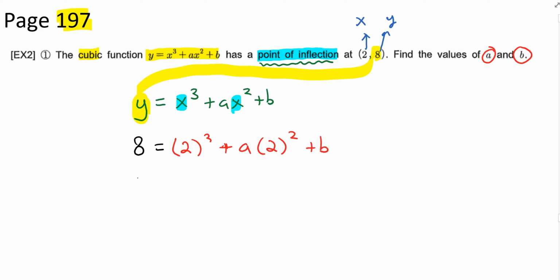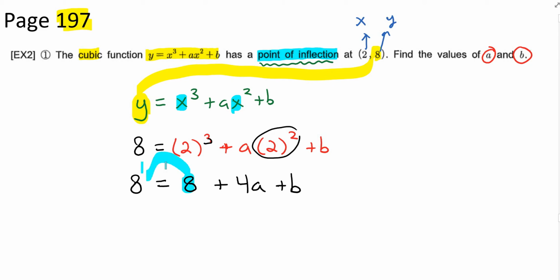And after that, I can simplify this. This will be 8 on the left-hand side. 2 to the power 3 is also 8, plus, well, 2 squared is 4, and 4 times a is 4a, and then plus b. And then I'll finish off by bringing this 8 to the left-hand side. So 8 minus 8 is going to be 0. So 0 equals 4a plus b.